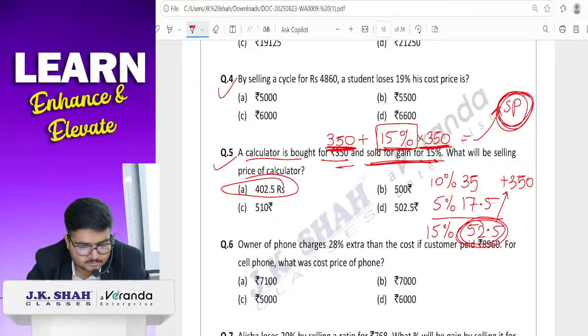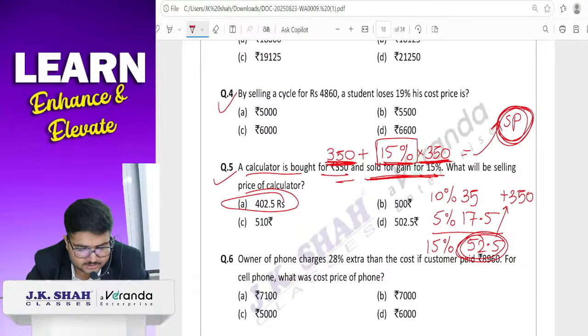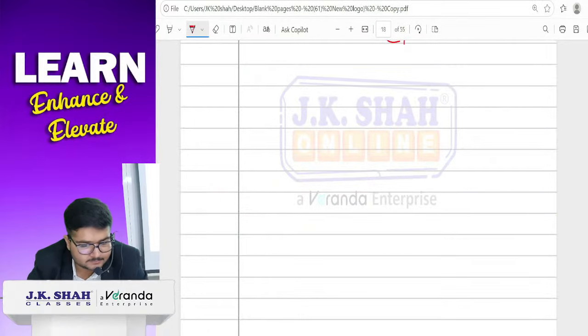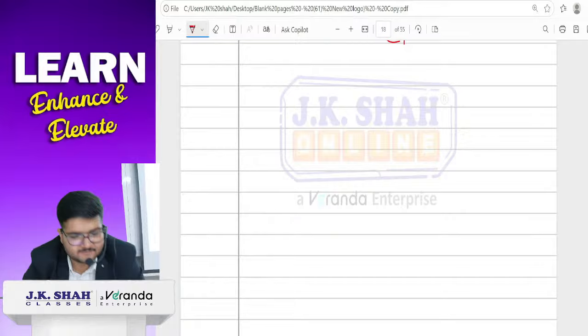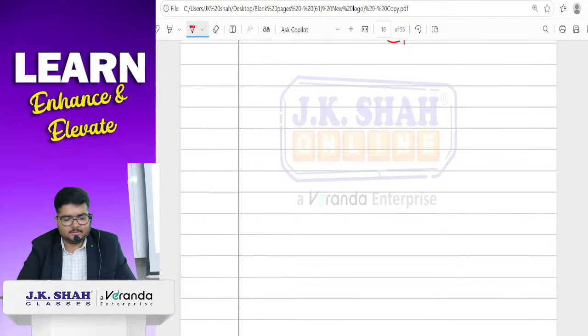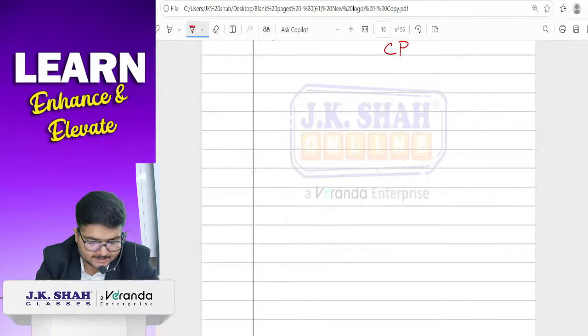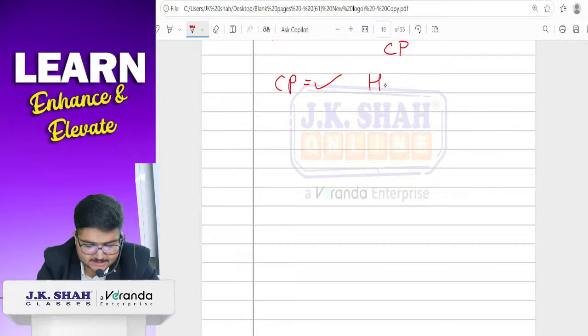Understood? Now, most important part: these sums were very easy because cost price was given to us. Now cost price is our hero. Whenever cost price is given, the sum is very easy.